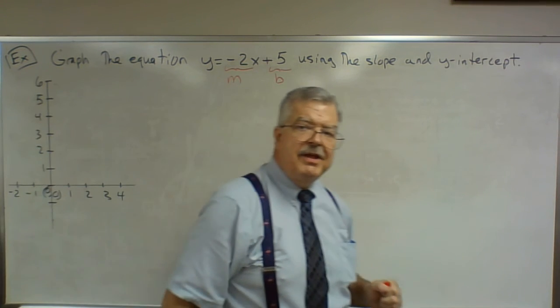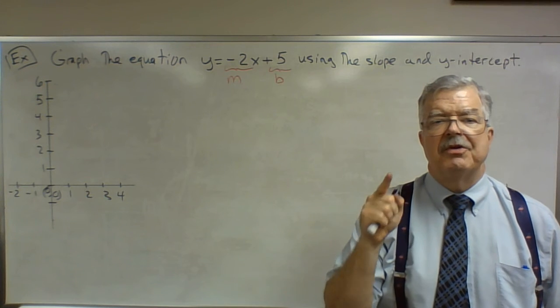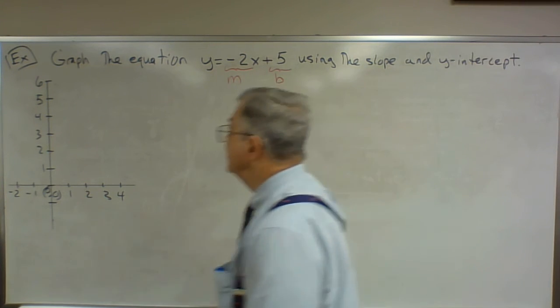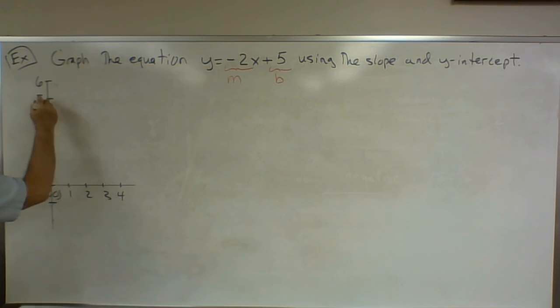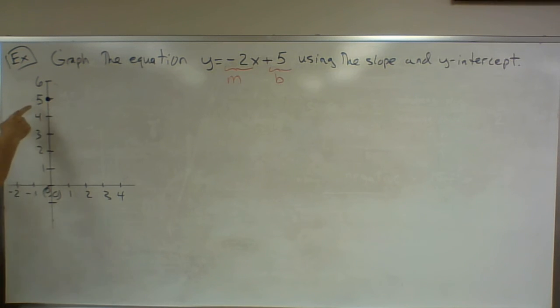And the first thing that we're going to do is plot the y-intercept. Here it is. It's at 5 on the y-axis, or more correctly, it's the point (0, 5). We've got one point on the line.